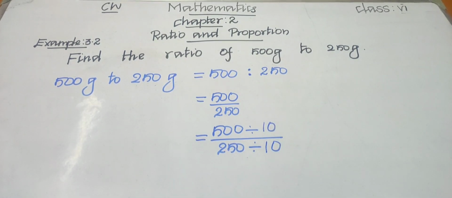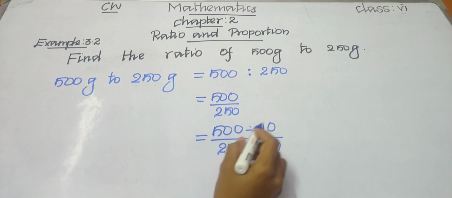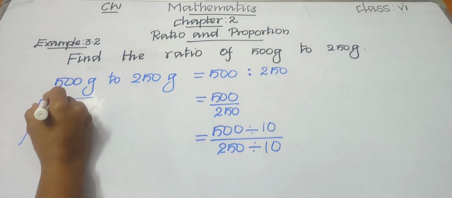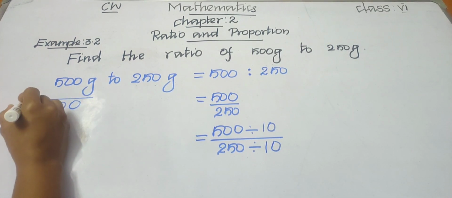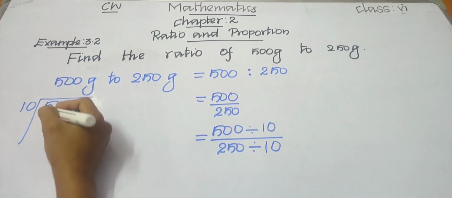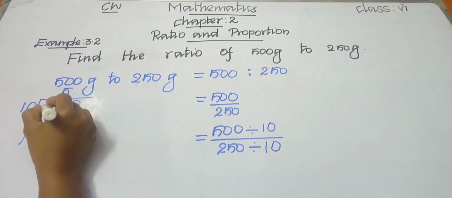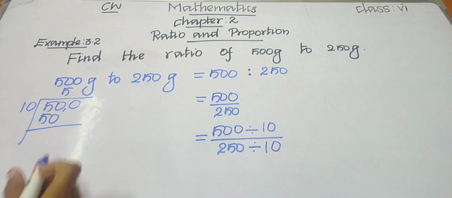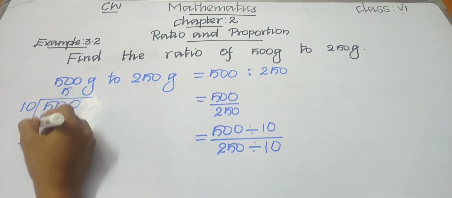Now let us divide. 500 divided by 10, right? Now say the 10 table. 1 ten is 10, 2 tens are 20, 3 tens are 30, 4 tens are 40 and 5 tens are 50. Now subtract it. 0 minus 0, 0. 5 minus 5, 0.